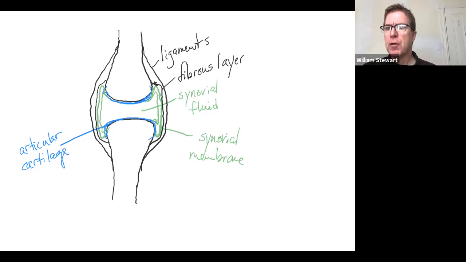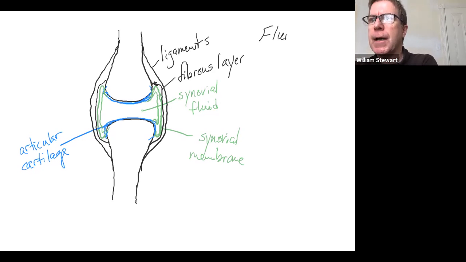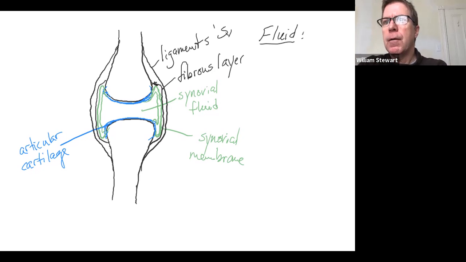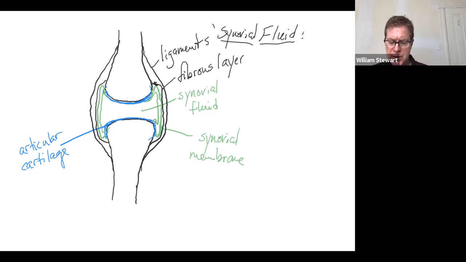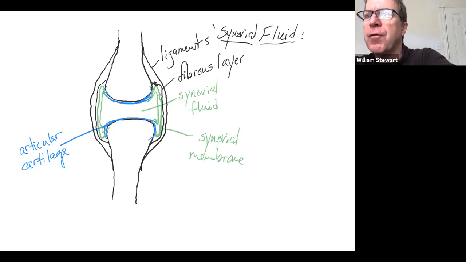I'm going to talk a little bit about the fluid now that's found inside of that capsule. So this is synovial fluid. I'm going to list some constituents of it. It's secreted by those green membranes, the synovial membrane itself. So where does synovial fluid come from?